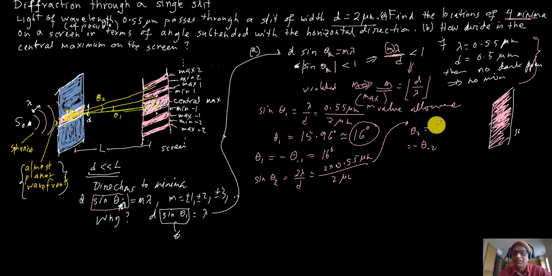and that's going to be arc sine inverse 2 times 0.55 over 2, so this is 0.55.